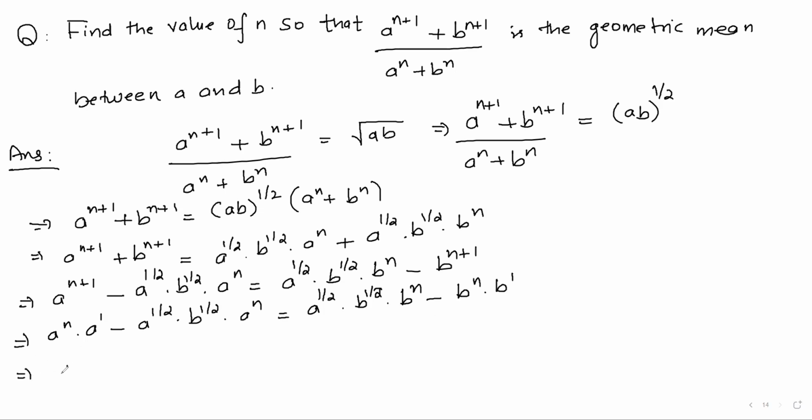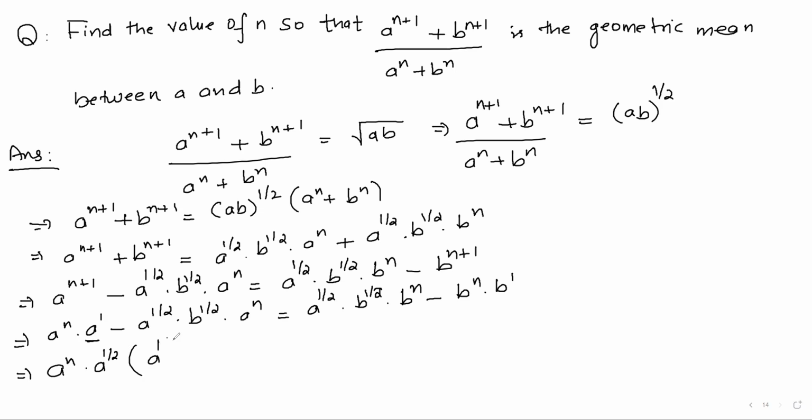So from this, take a to the power n common. And Sparsh, can you tell me what we can take common from this? A to the power n into? Sir, into a. नहीं, a तो नहीं है. A to the power 1 by 2. Okay, Sparsh? Yes, sir. A to the power 1 by 2 बच जाएगा ना sir?